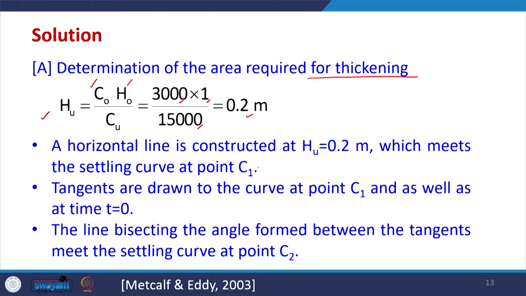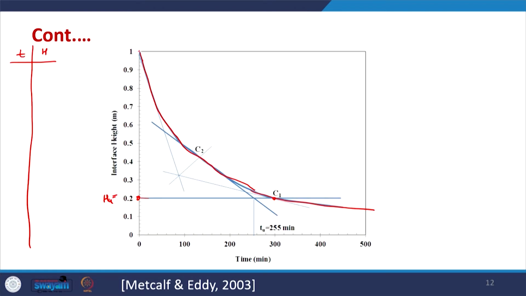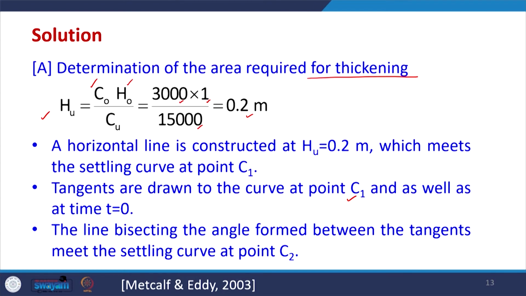Now, we have to draw tangents to the curve at point C1 and at time t equal to 0. So, we draw a tangent to the initial settling condition, and this is the second step in a way. Again we draw a tangent line at point C1 as well.